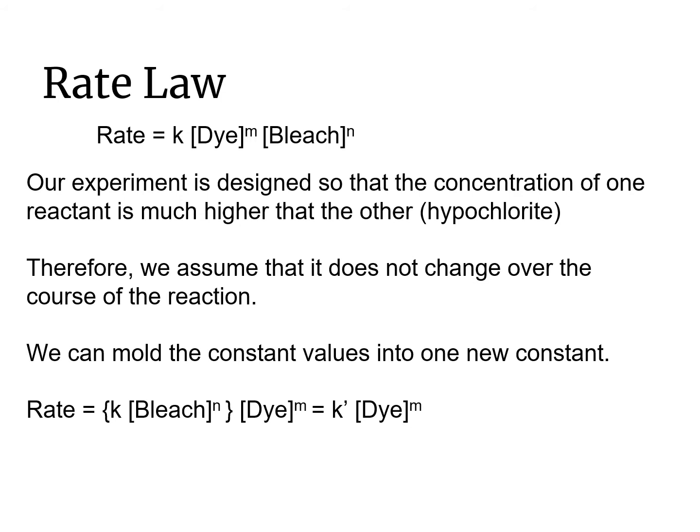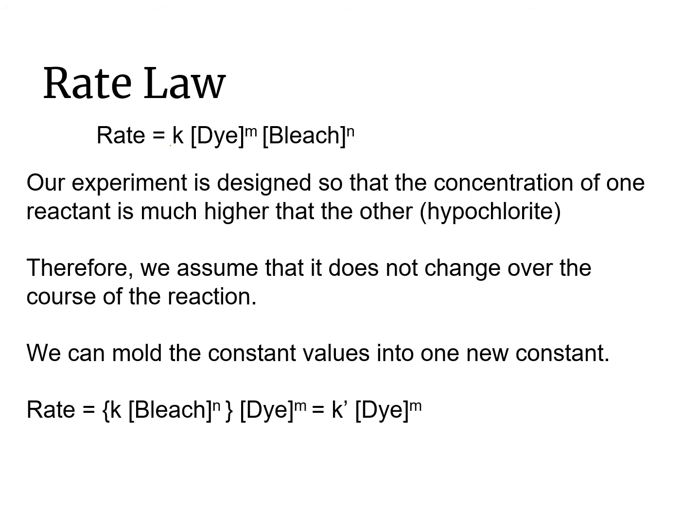And so as you look at the rate expression here, we have k as the constant, and then we have the concentration of the dye, and then m, which is the order with respect to the concentration of the dye, and then n is the order with respect to the bleach.